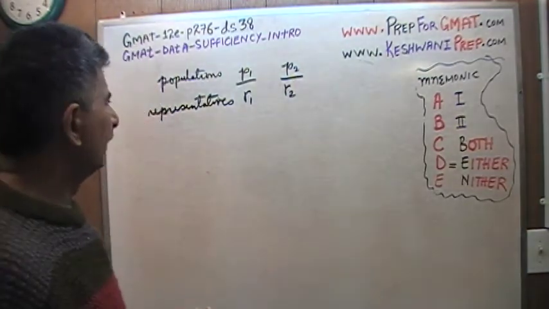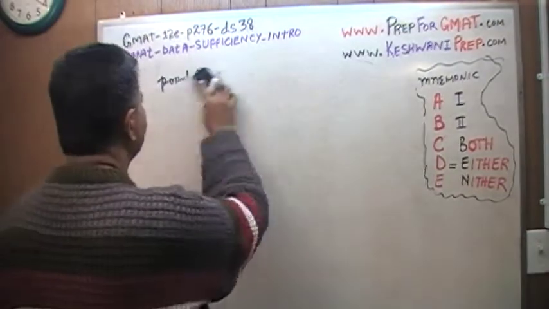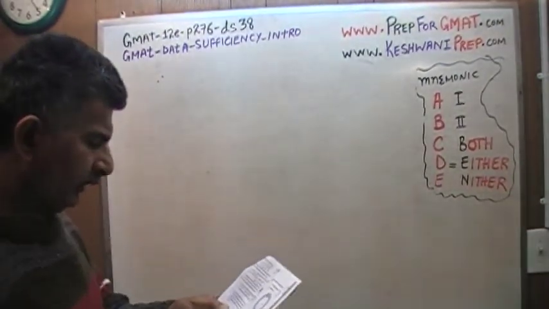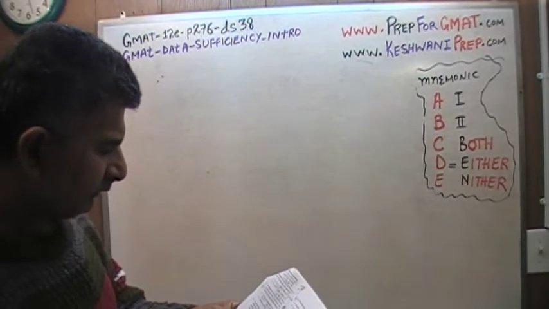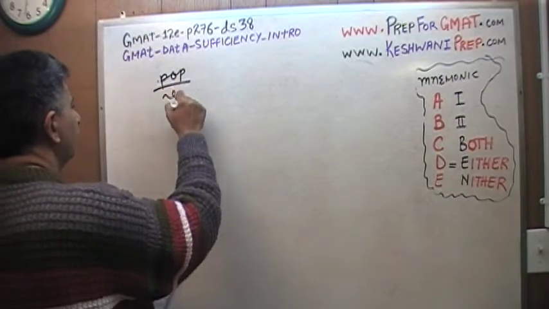I should have written the other way around, but you get the idea. The ratio of the population to the number of representatives. Well, actually that's what they were looking for. Population to number of representatives.